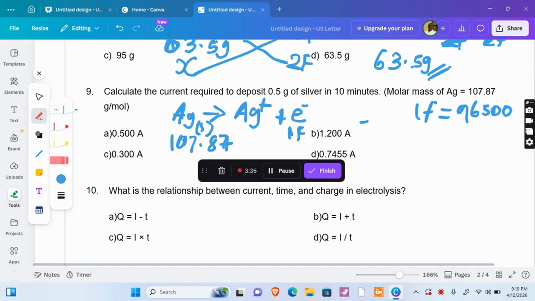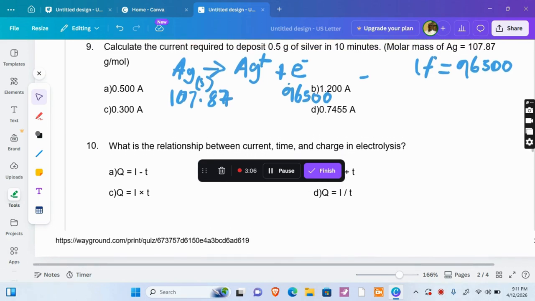So 107.87 grams will produce 96,500 coulombs. All right, so we're making progress.